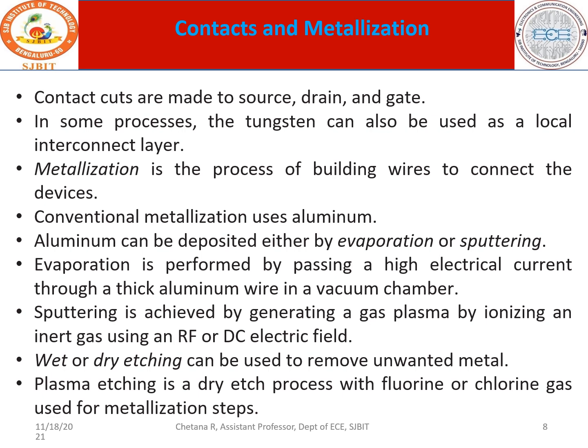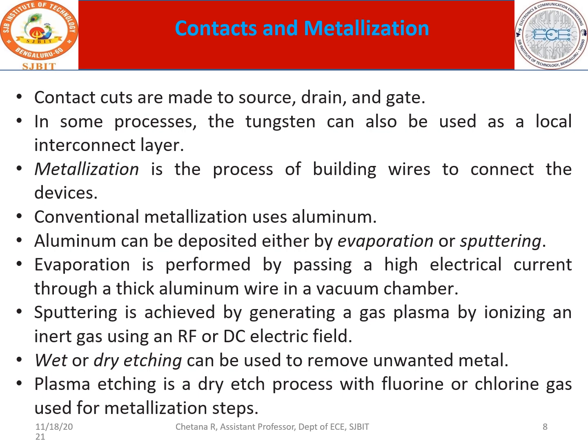This is the procedure of metal being converted into vapor, and that vapor gets deposited. Next is sputtering. This is done by generating a gas plasma by ionizing an inert gas using an RF or DC electric field.